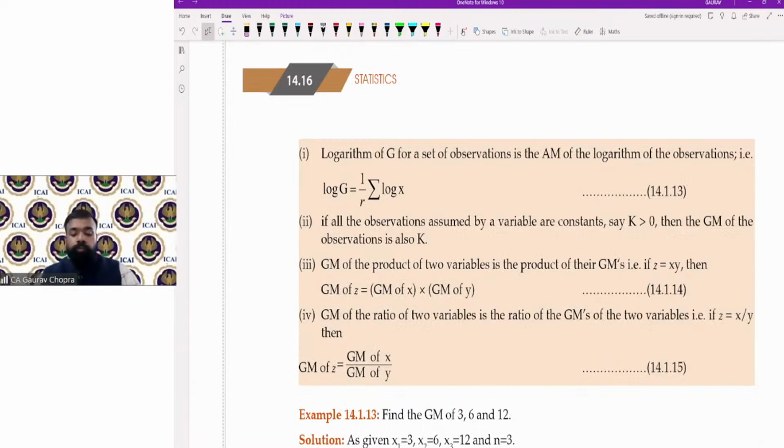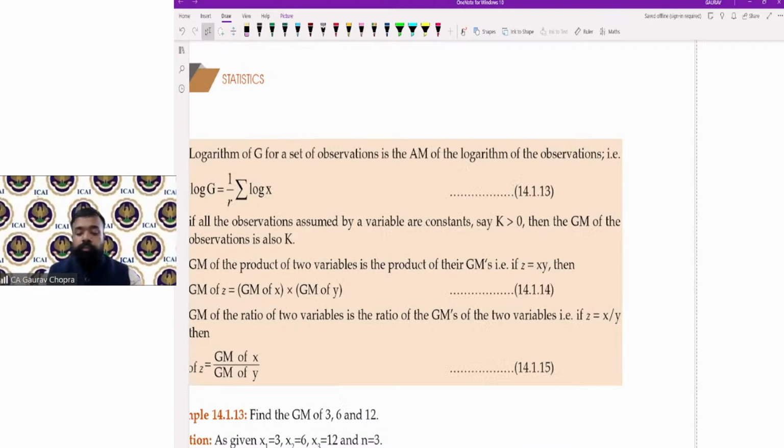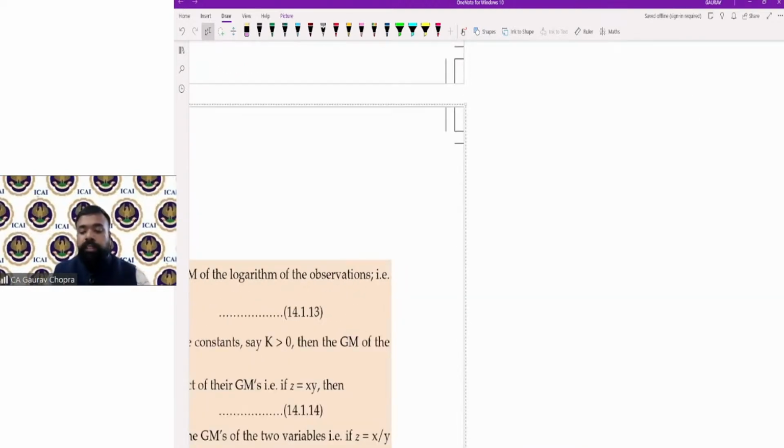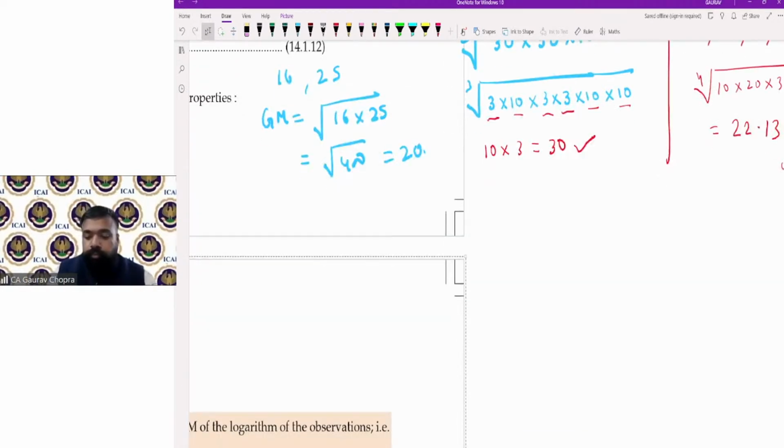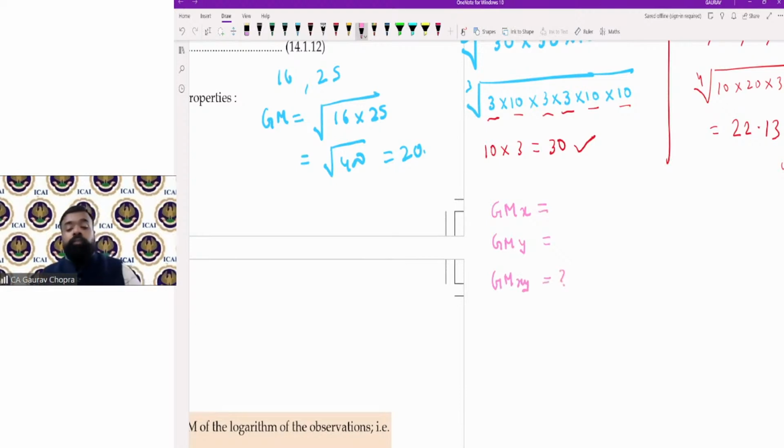Now properties of geometric mean. If geometric mean of x is given, geometric mean of y is given, and you have to find out geometric mean of xy, then what is the process?